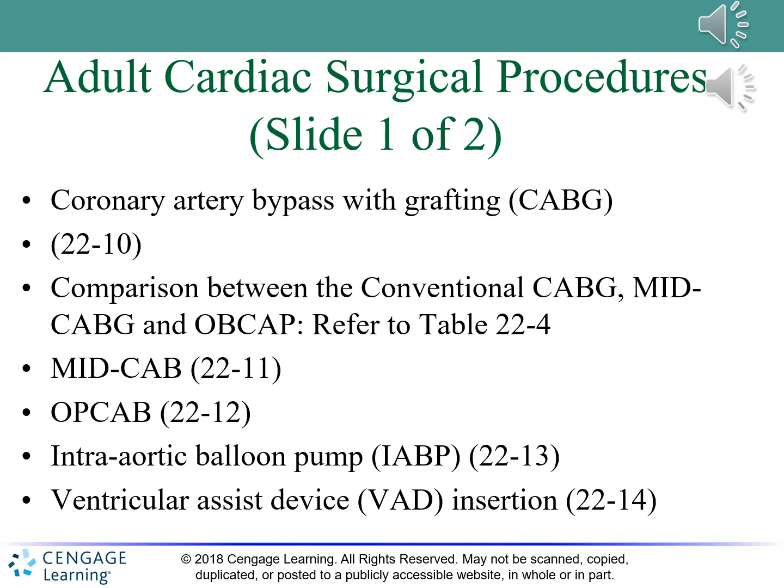All right, on the right-hand side, the skin prep, you're going to prep from the lower mandible to the toes of both legs, bilaterally as far as possible for the chest and abdomen, and circumferentially for both legs.